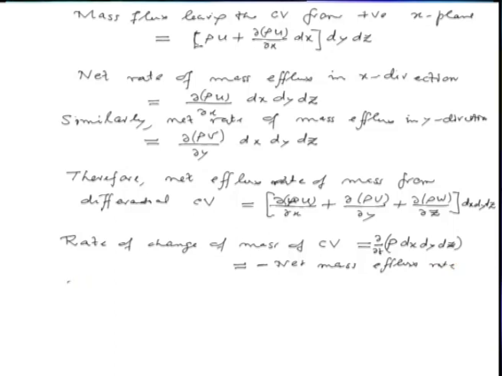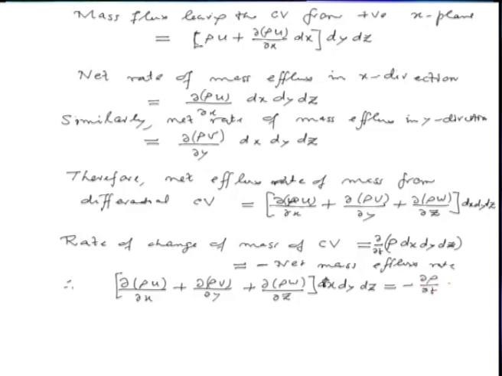So if you combine these two expressions, we simply get del of rho u over del x plus del of rho v over del y plus del of rho w over del z, multiplied by dx dy dz, is equal to minus del rho over del t dx dy dz.